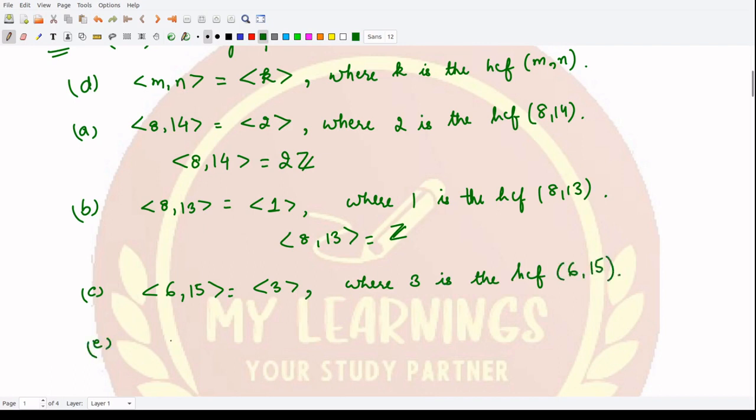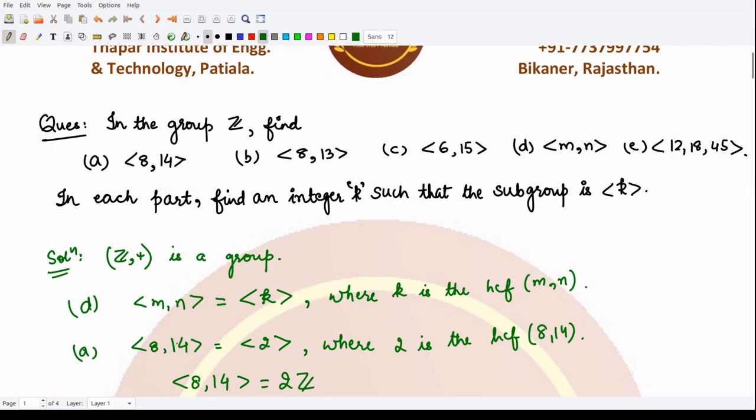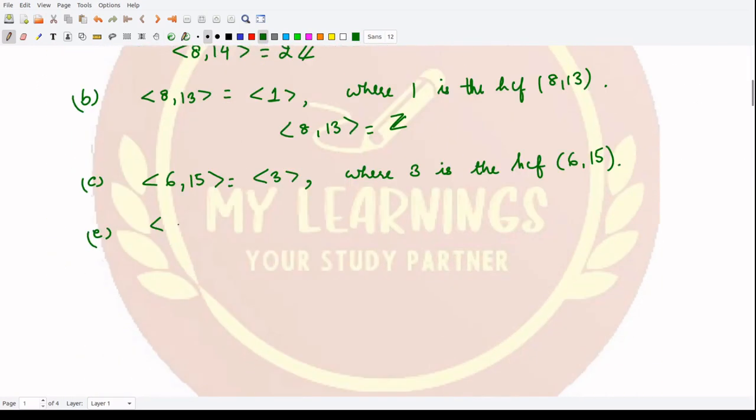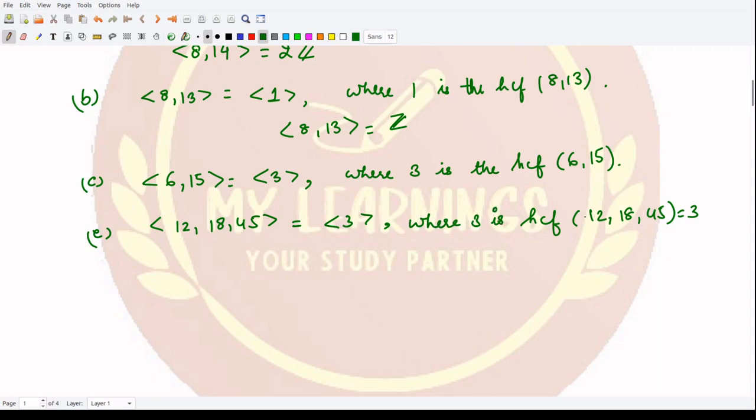For the E part we have the subgroup generated by these 3 numbers: 12, 18 and 45. The HCF of 12, 18 and 45 is again 3, so it is generated by 3, where 3 is the HCF of these 3 numbers.